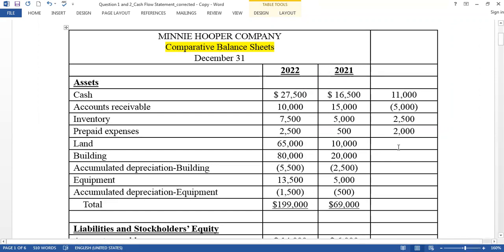Then land increased $55,000. Then building increased $60,000. Then accumulated depreciation $3,000. Then equipment 8,500. Again, we have another accumulated depreciation for equipment. It increased $1,000.